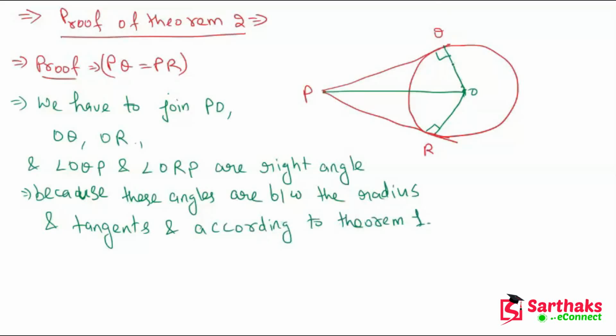This is the perpendicular between the tangent and the radius, so this is the perpendicular angle.